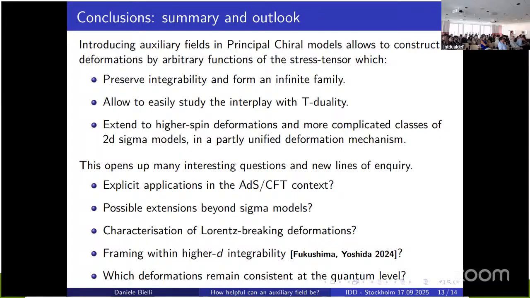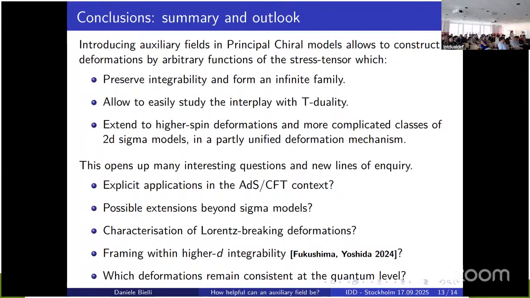And there are many open questions that, of course, turn out in this setting, as also Christian was mentioning earlier. For example, I would be interested in seeing explicit application in the IDS context, which was, at least from my side, the original motivation for studying this interplay of this deformation with T-duality, and then possible extension beyond sigma models, which is not clear yet how one could possibly achieve. And then the characterization of these Lorentz breaking deformations and so on.